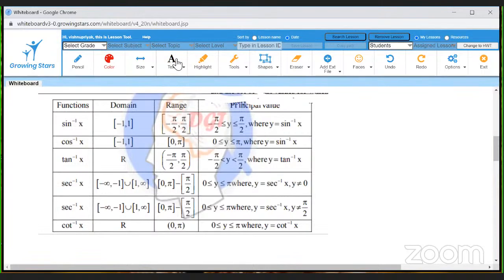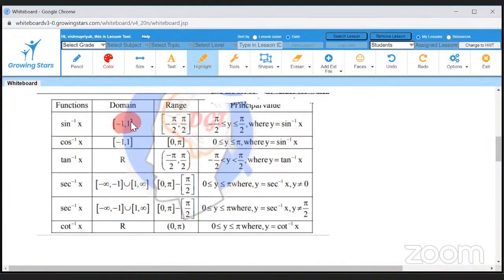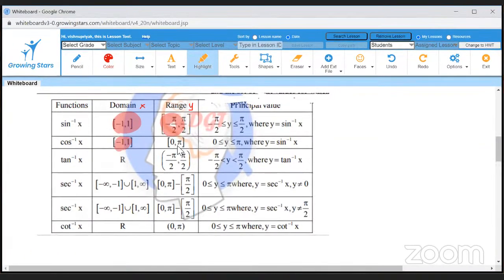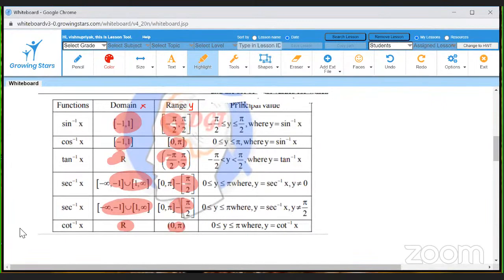So you can see here for sine, what values of x? Domain means x, range means y. What values of y? For cos inverse, tan inverse, secant inverse, cosecant inverse, I have given all. So you must learn this table by heart.